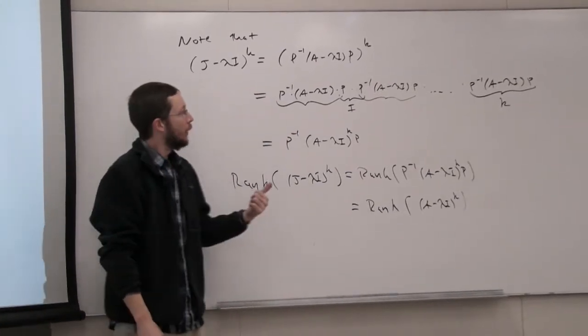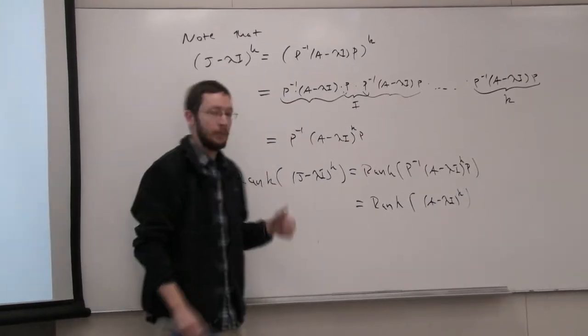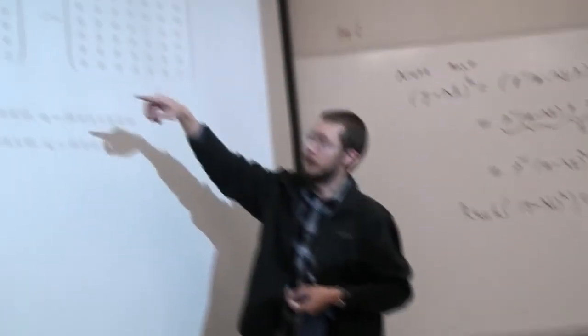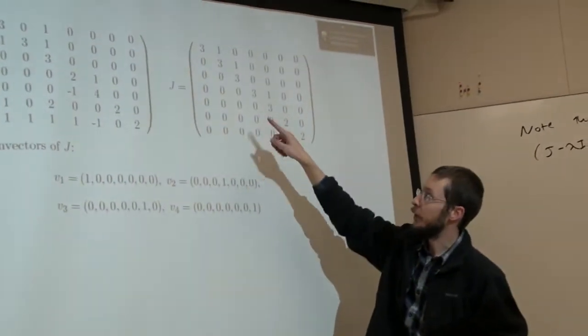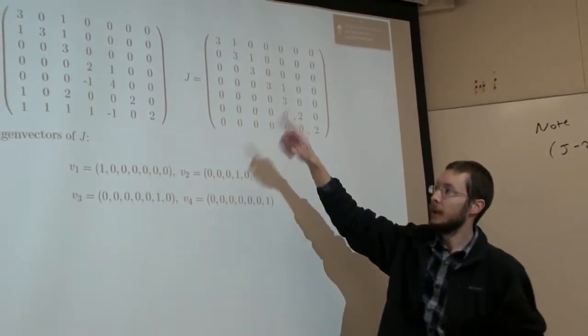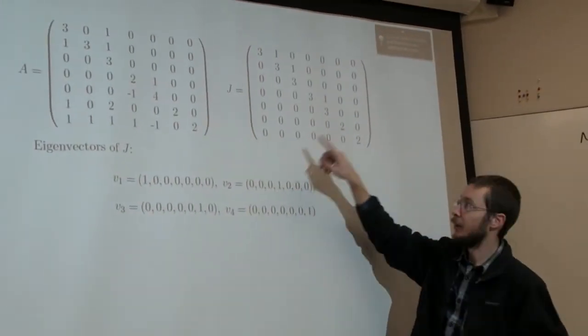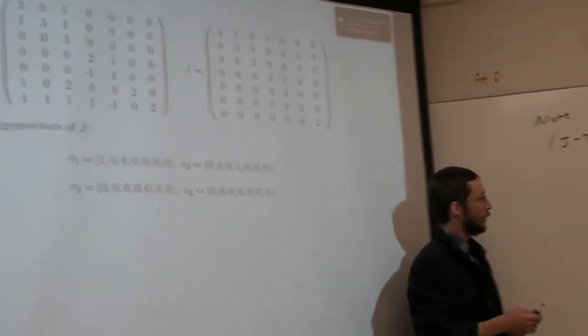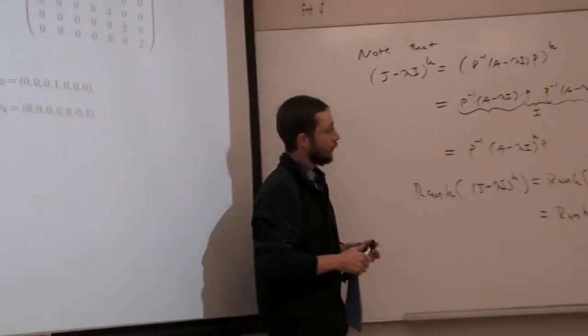So not only do A and J have the same rank, but A minus lambda I and J minus lambda I have the same rank, and all powers of A minus lambda I and all powers of J minus lambda I have the same rank as well. Okay, good.